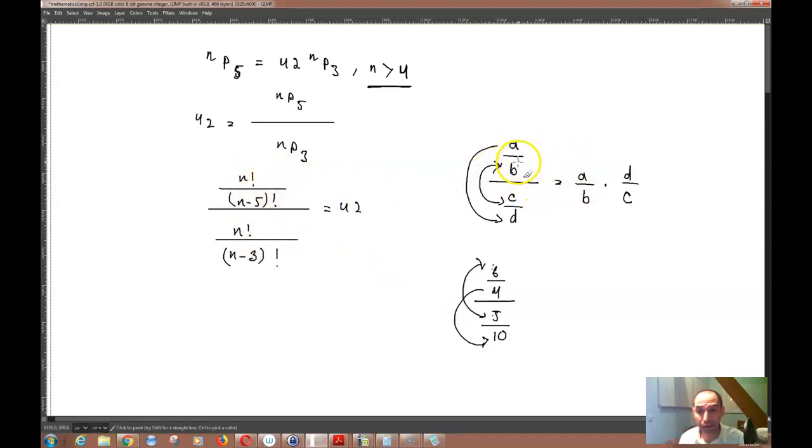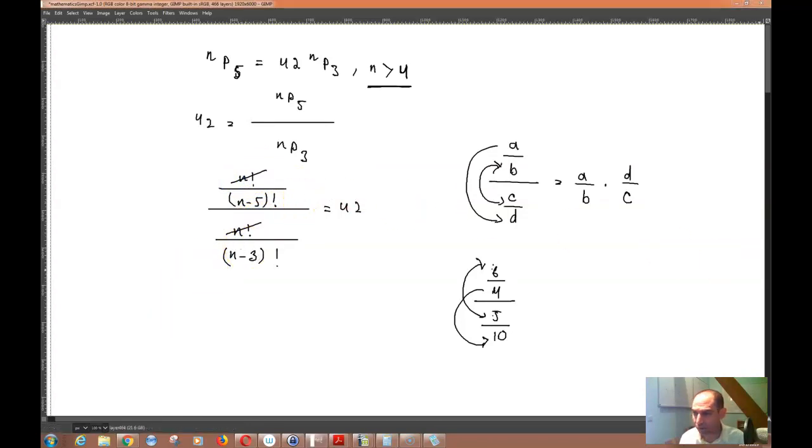So what that means is that of course I can simplify a with c, right? So that means that n factorial and n factorial I can simplify.